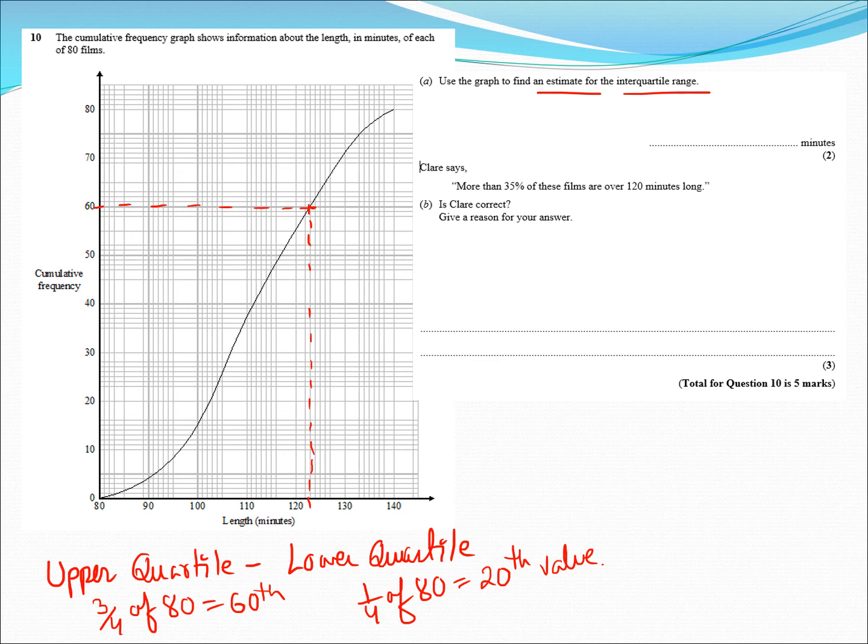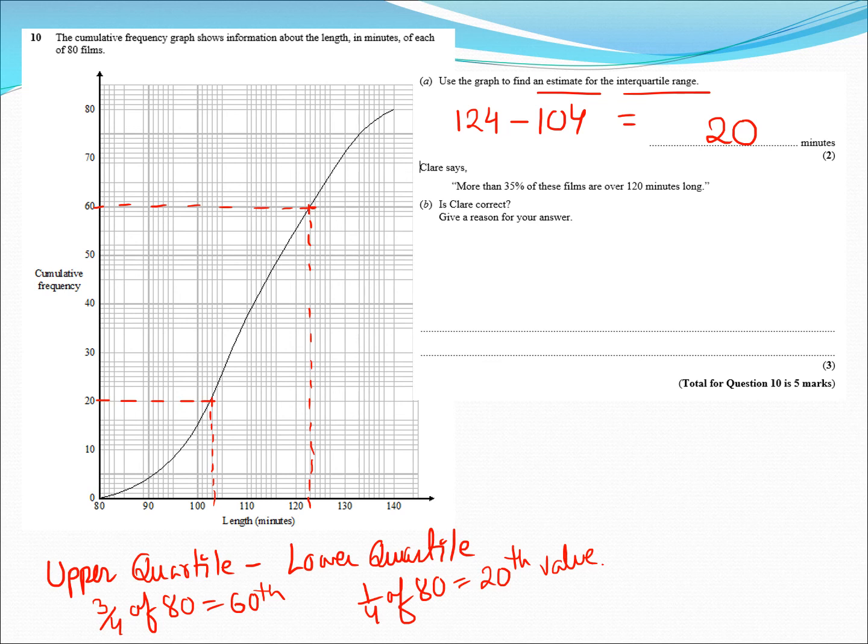So the upper quartile is 124. Then we go to the lower quartile, which is the 20th value again, which I'm getting as 104. Okay, 104. So your interquartile range is going to be 20 minutes.